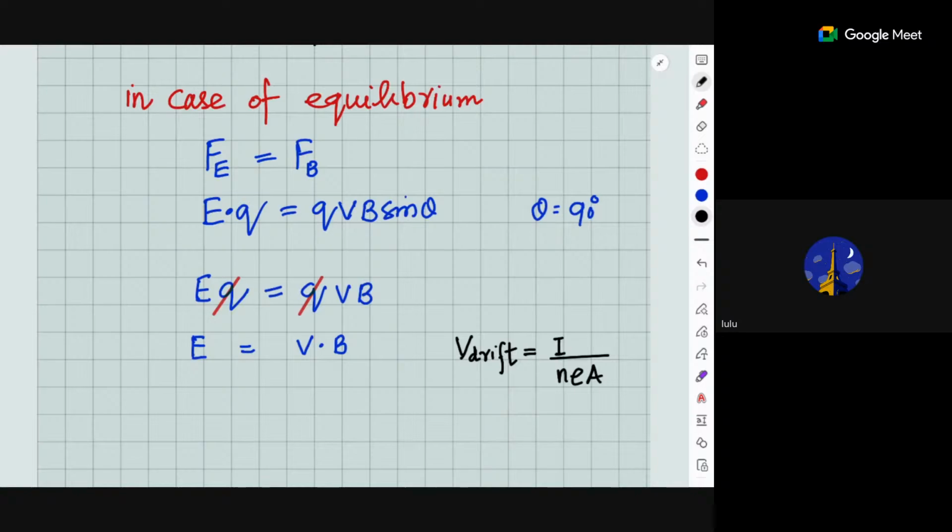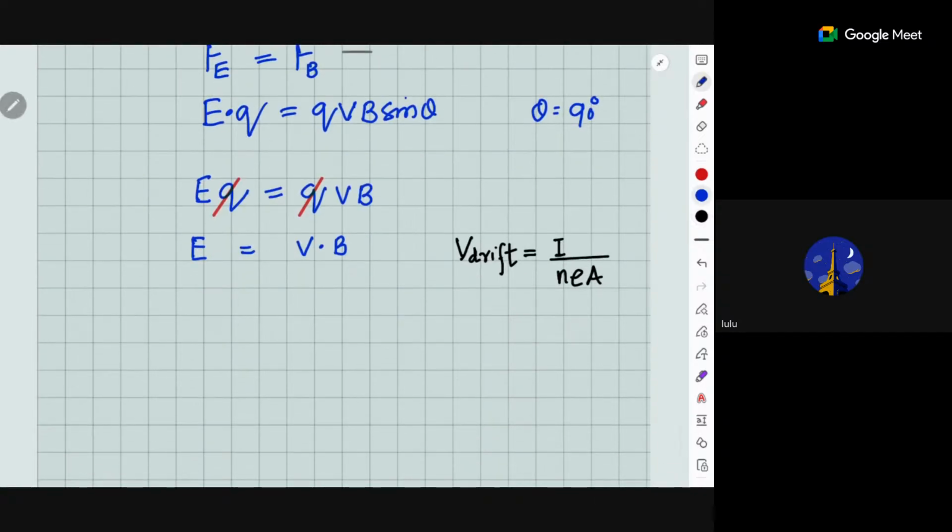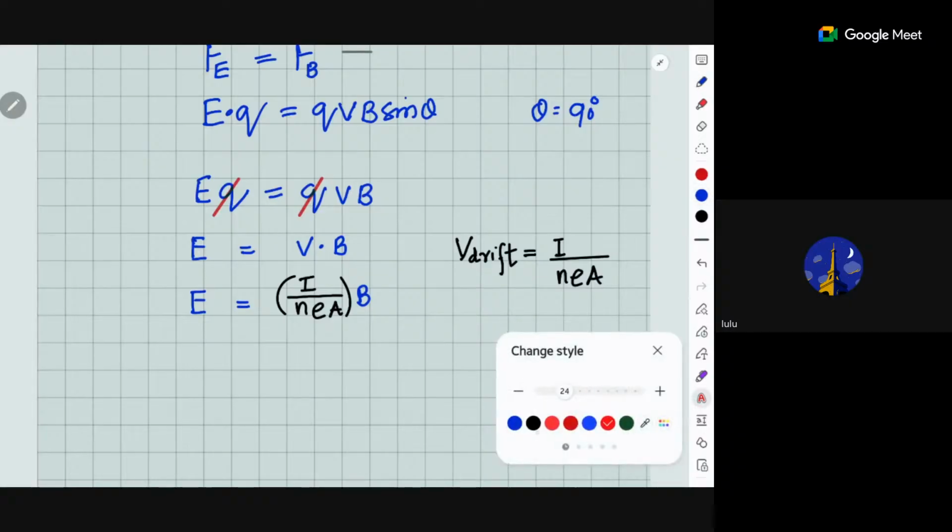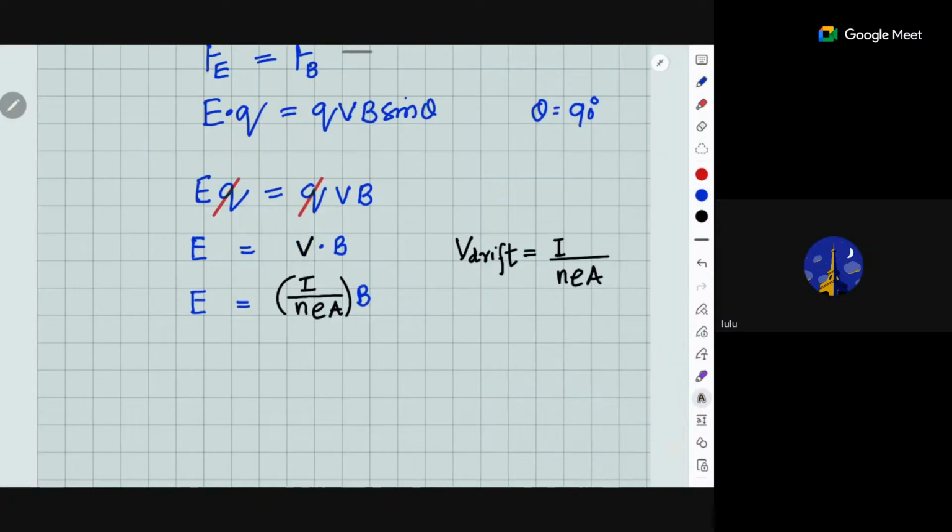So that will be replaced here. That means E is now equal to V replaced by I divided by NEA, and this B will be written as it is.